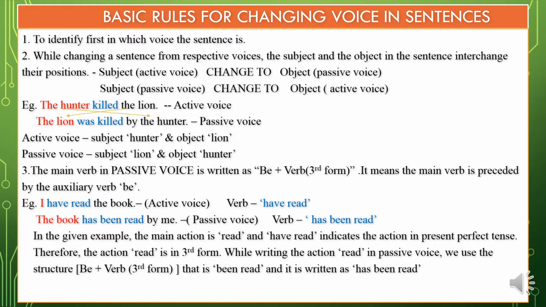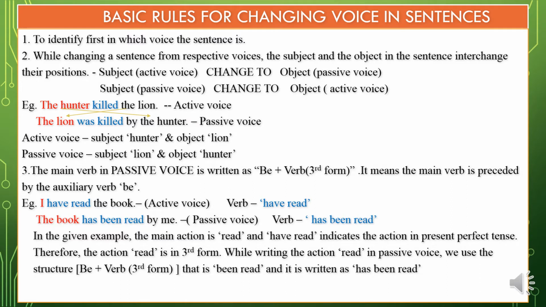So while changing the voice, first of all, identify which voice the sentence is in. It's very important. How can you identify in which voice the sentence is? I already explained. If the action has been performed by the subject, then that sentence is in active voice.